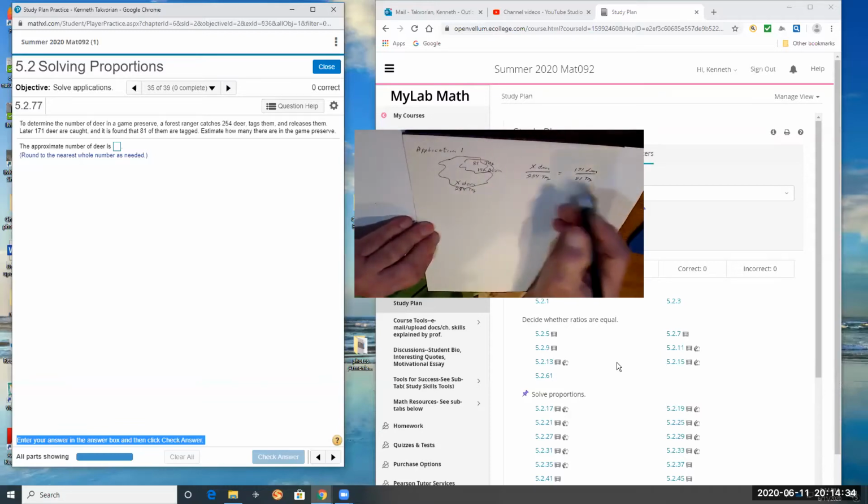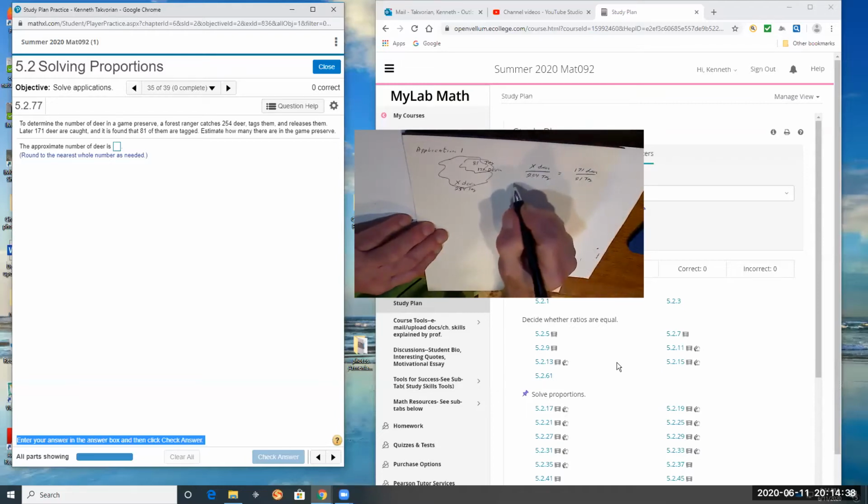The hardest part was to set it up. The way we solve the proportion is to cross multiply: 81 times X is equal to 254 times 171. We're going to solve for X, so we take 254 times 171 and divide everything by 81.